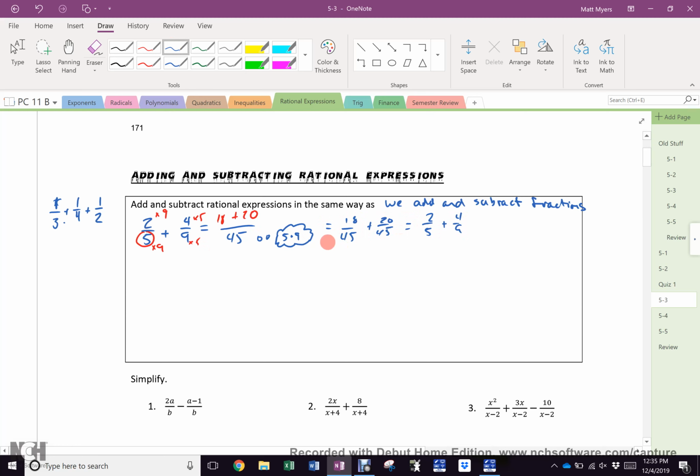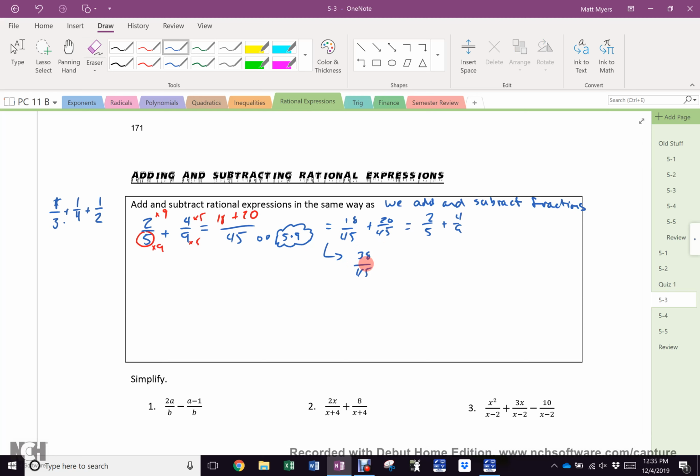So what we actually have to do is add them up, 38 45ths, and then you would try to simplify your answer, yes? Does that answer simplify? No. Everybody cool? Easy peasy, no problem, right?